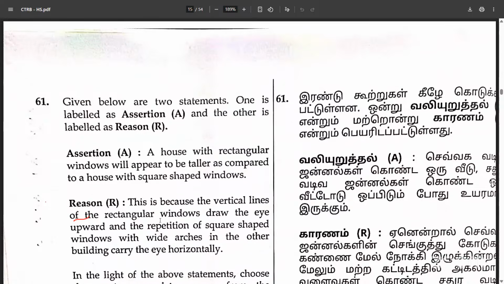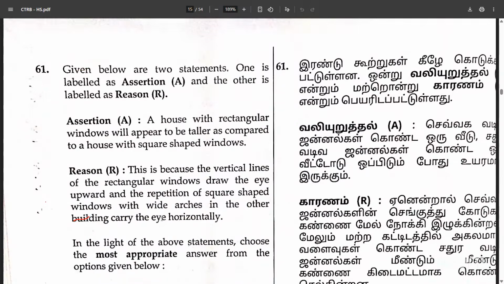The 61st question is again assertion and reason type, where A is stating a house with rectangular windows will appear to be taller as compared to the house with square shaped windows.